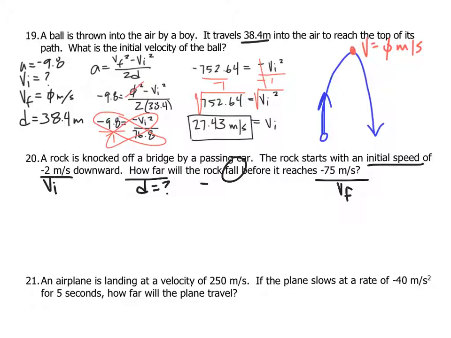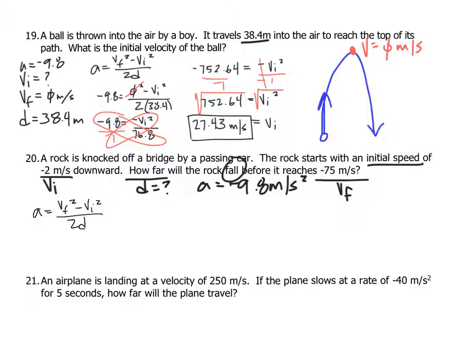But I know that gravity is pulling it down, so I know negative 9.8 meters per second squared. So I got VI, D, A, and VF. I'm going to use the same equation that I used up above, which is A equals VF squared minus VI squared divided by 2 times D.